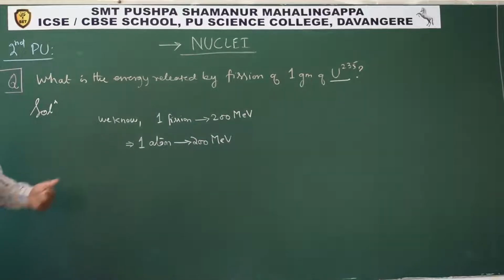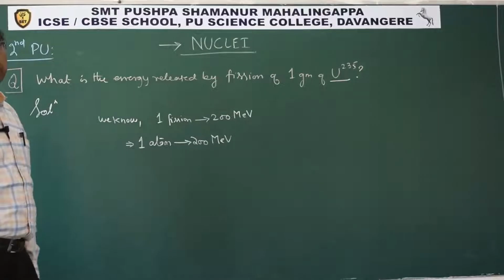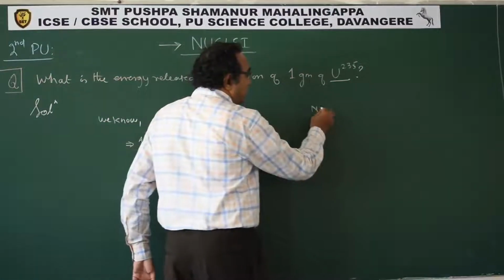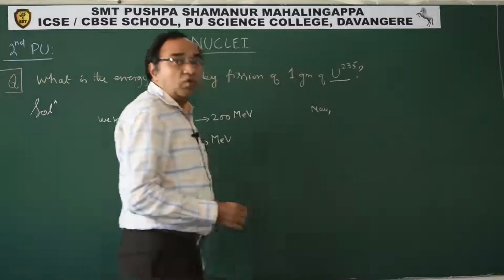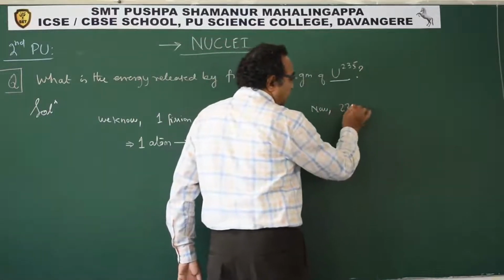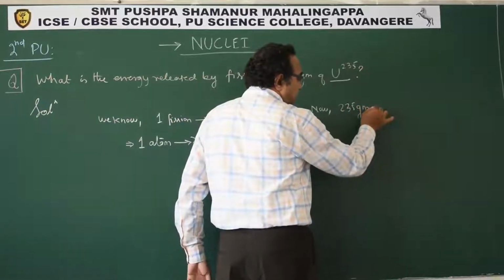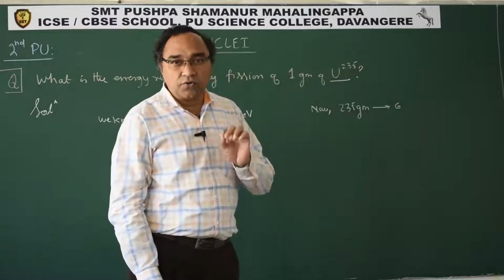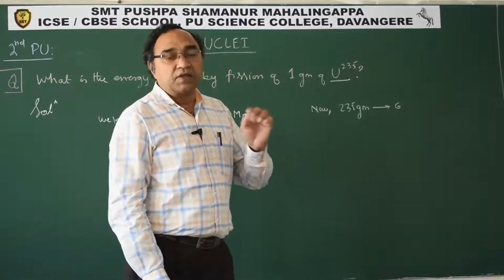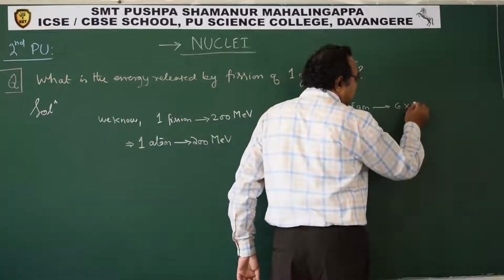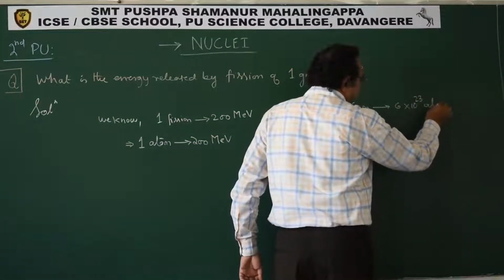So now how many atoms are there in 1 gram of U-235? Using the mole concept that you have done in chemistry, we can say 235 grams contains, instead of 6.023 into 10 power 23, for calculation ease I am taking 6 into 10 power 23 atoms.